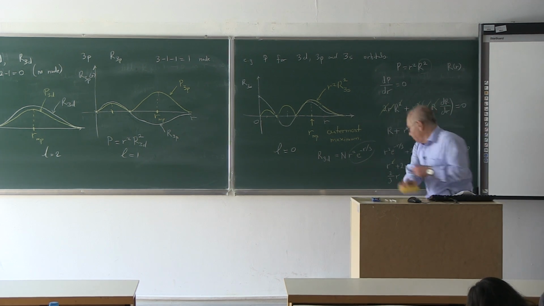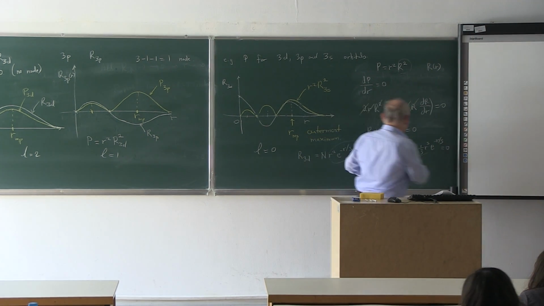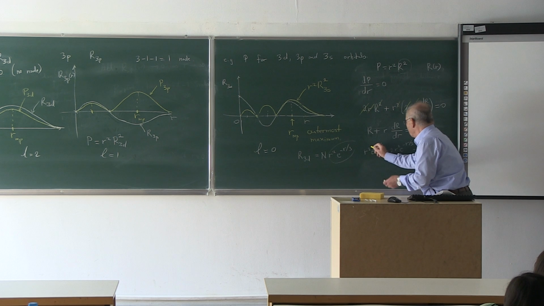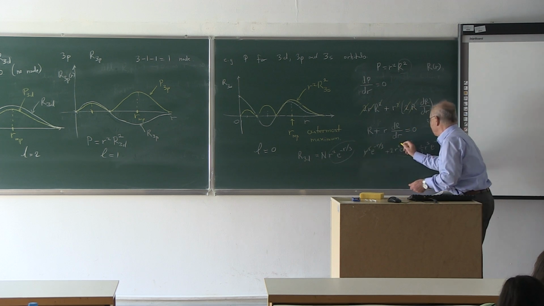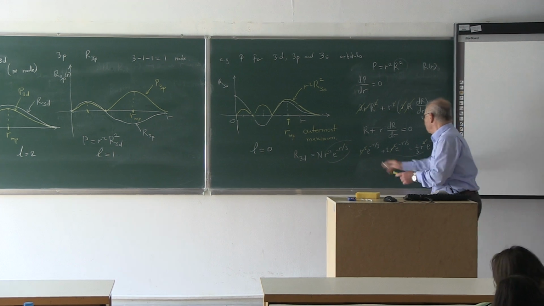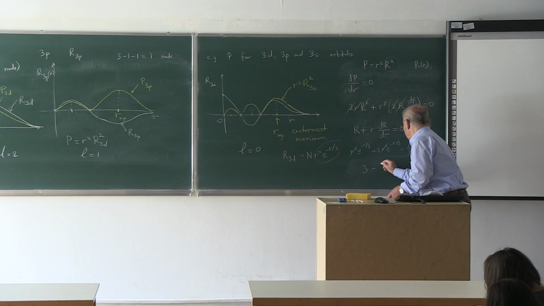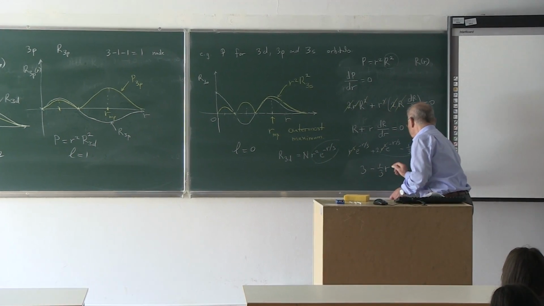All right. So now let us simplify. R squares can simplify. This is r square. This becomes just r. So what happens? 1 plus 2 is 3 minus 1 over 3 r.